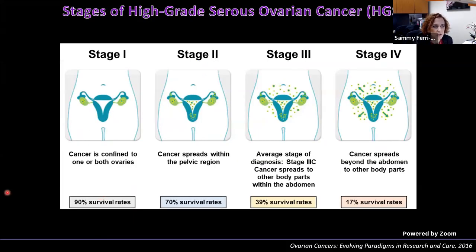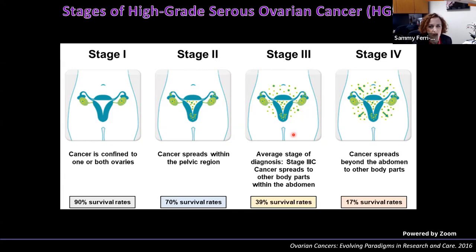Most high-grade serous ovarian cancers are usually diagnosed at stage 3 and 4, where cancer cells spread to or beyond other body parts within the abdomen, and this limits the opportunity for clinical intervention dramatically and results in a 10-year survival rate of less than 20%. HGSC is also initially sensitive to platinum and taxane-based chemotherapy, which is usually delivered before or after the debulking surgery.